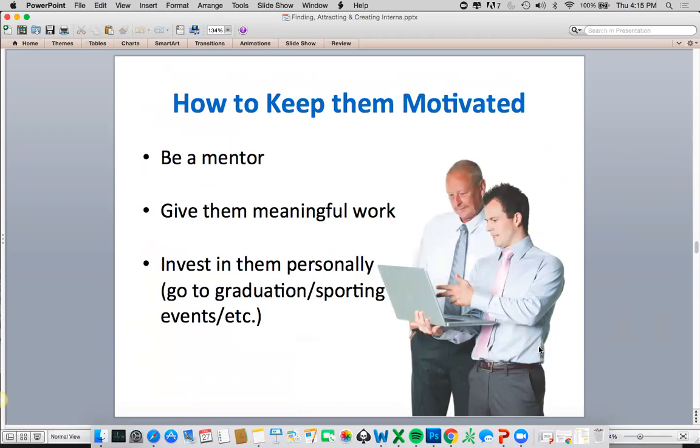Another thing you can do is make sure you're investing in them personally. I remember when I graduated from San Diego State, they were giving out all the tickets for the graduation ceremony, and you get a limited number so you can give them to your family if anyone wants to come. And Dale and Bernie asked me, "Zach, do you have any extra tickets? We'd love to come see you graduate."